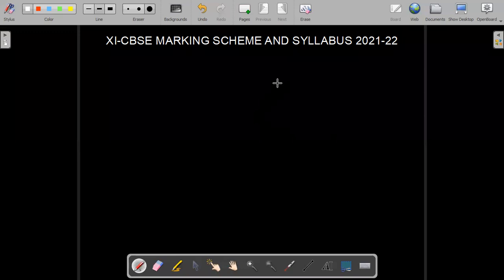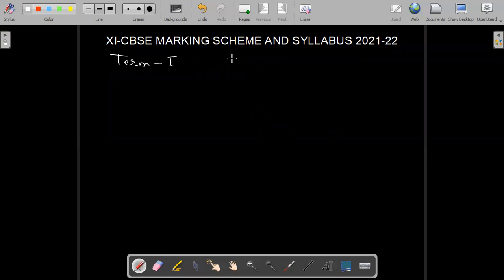So now we have this year two terms, term 1 and term 2 examinations. Term 1 examination will be conducted by CBSE.